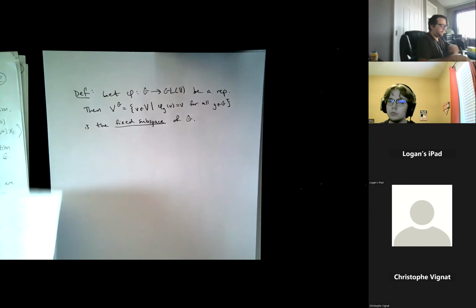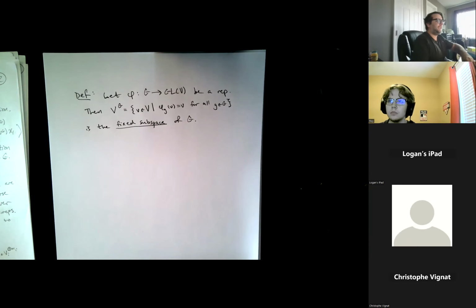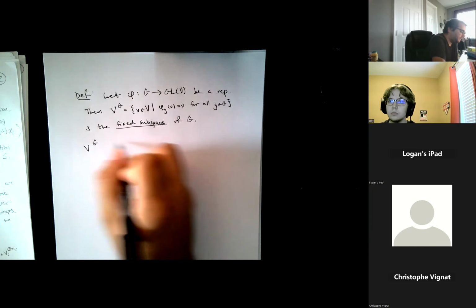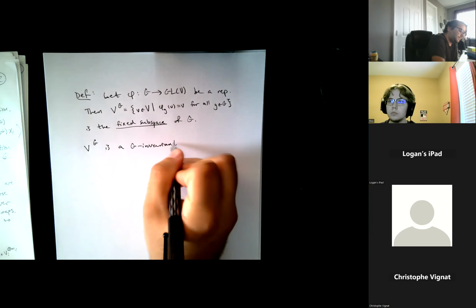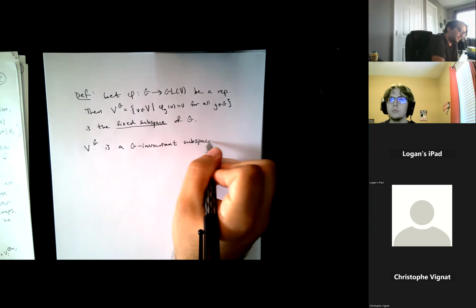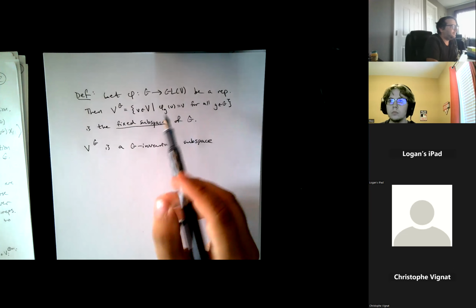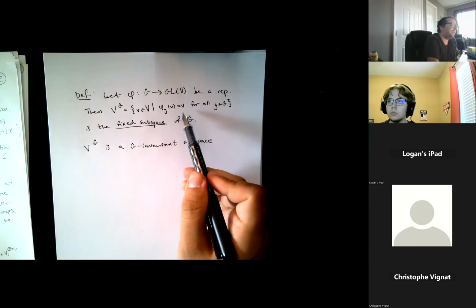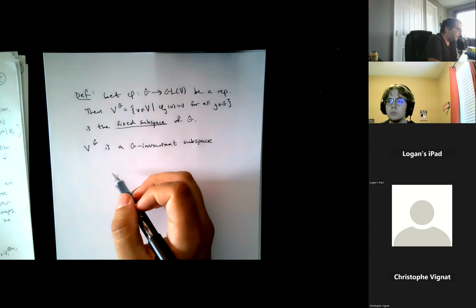Anyway, it is easily verified that V^G is a G-invariant subspace. How do we verify that? Well, take some element in this subspace, call it v. What happens when you apply any old phi g to it? Well, it's just v again. So of course it's still in the subspace.